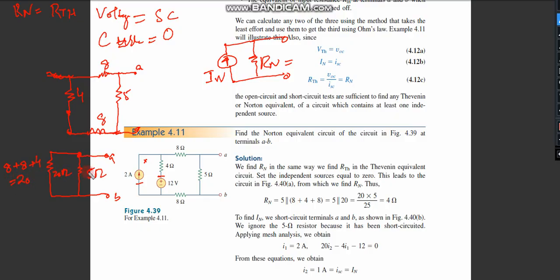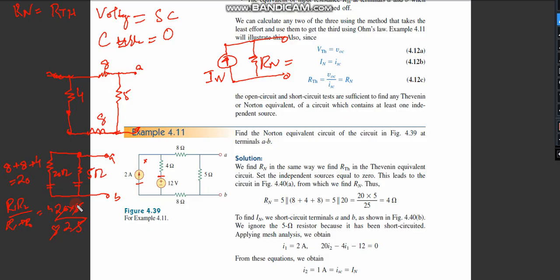Now the equivalent of 5 and 20: we know this would be R1 R2 divided by R1 plus R2. So I can write 20 times 5 divided by 25, so 5, 5, 5, 4.